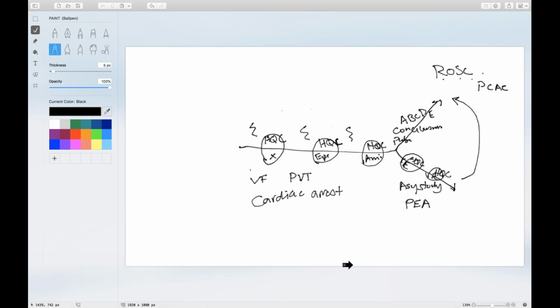So you will take bloods and labs, and probably send him for X-rays. You are looking for the H's and T's further. And the E is exposure, and the most important thing in the exposure is temperature. We have something called targeted temperature. We need to put the patient on a target temperature, and you will find this in your book.